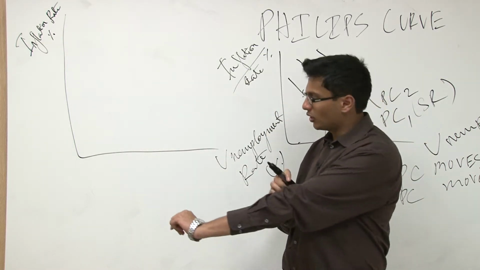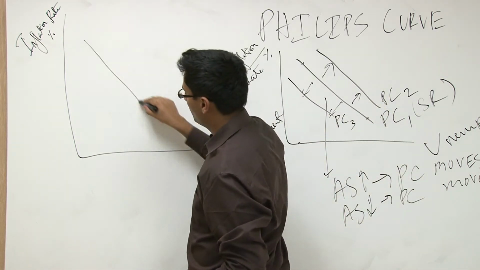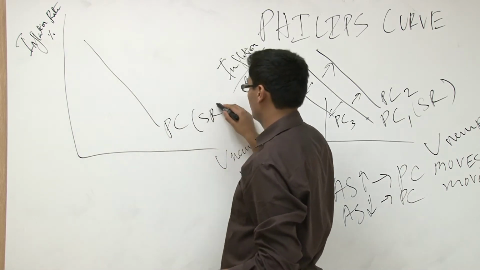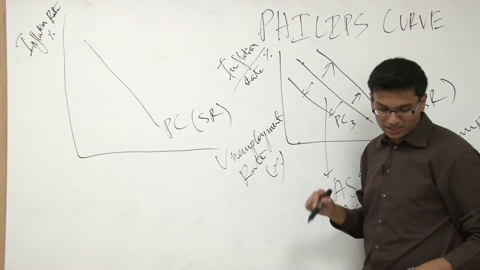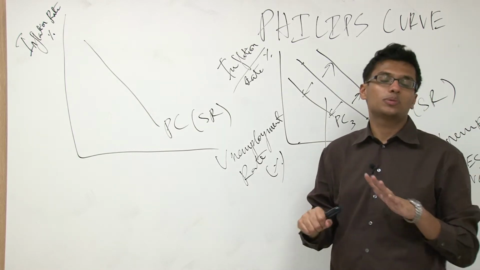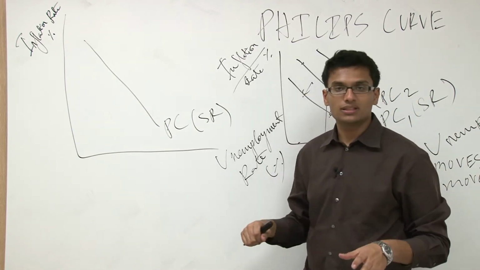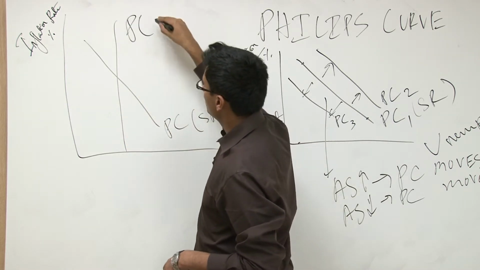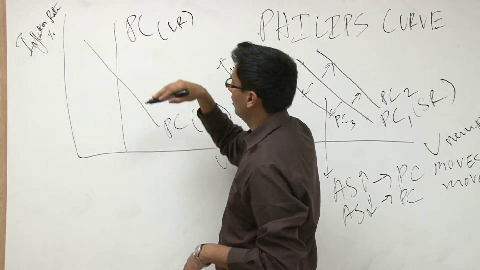Now, remember, the Phillips curve in the short run is downward sloping, looks like that, PC in the short run. Now, I said that the LRAS and the Phillips curve in the long run kind of look the same, which means that they're a vertical line. Okay, this is PC LR.